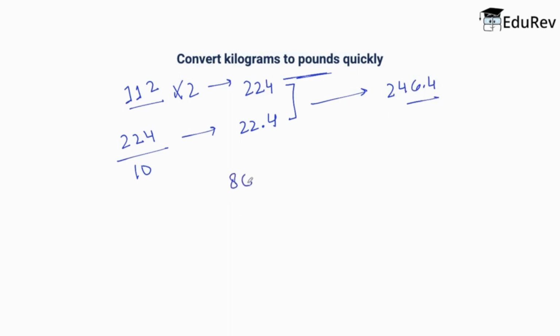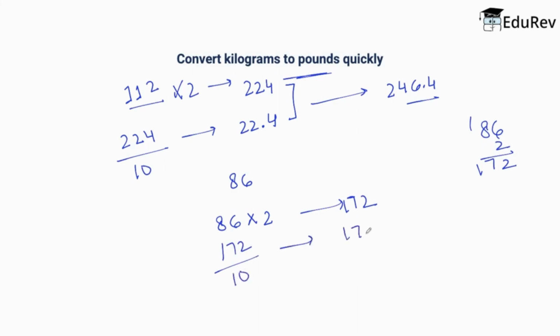Let's take one more example to understand it completely. The example is 86. So the first step is going to be that I need to multiply 86 with 2. So when I multiply, it's going to be 172. Alright. Now I need to divide 172 by 10. So this is going to be what? 17.2. Now I have to add both of them.